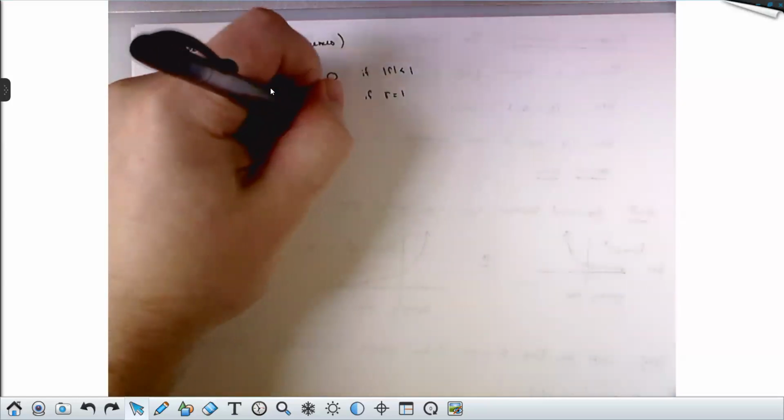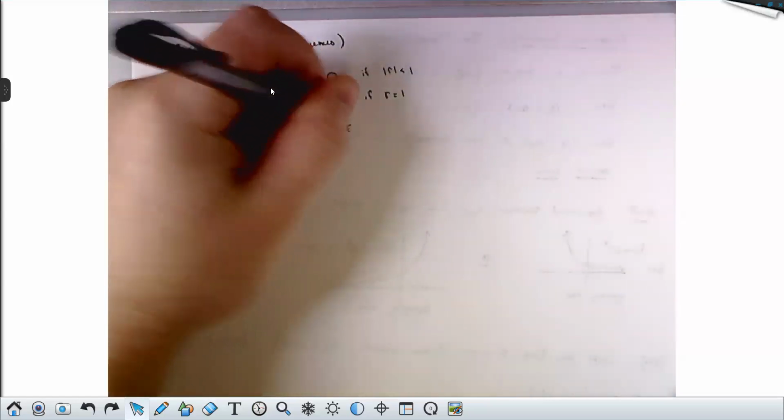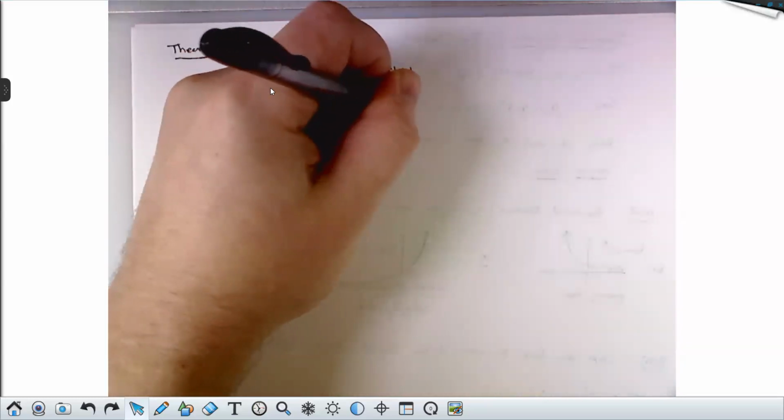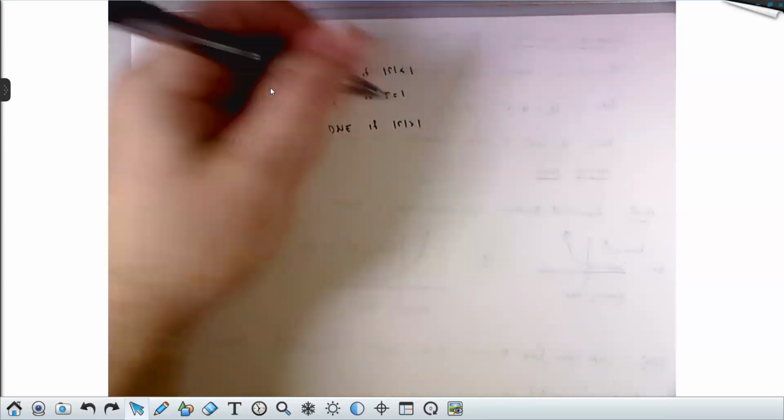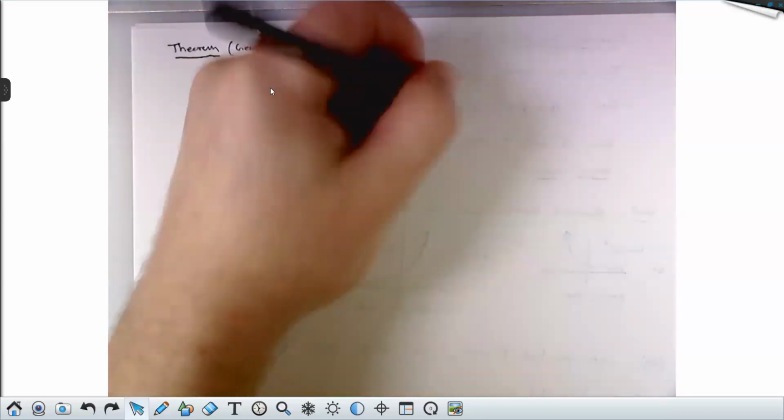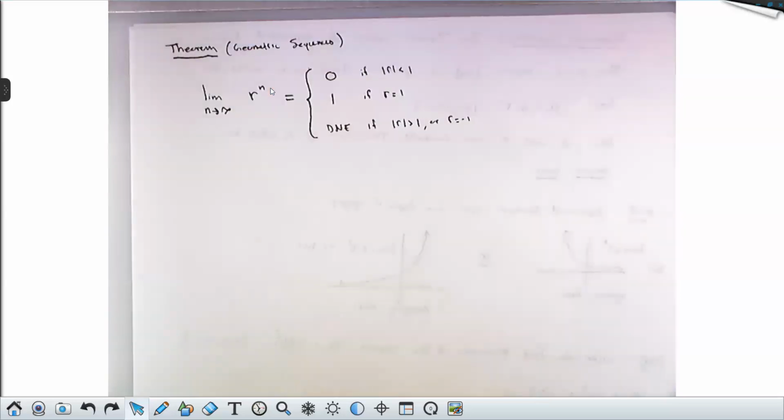And then the limit does not exist if the absolute value of r is bigger than 1, or if r is equal to -1. The r equals -1 case we already looked at. That's -1 to the n. That was that blue sequence we looked at the very start. We're going to use this later when we talk about series.